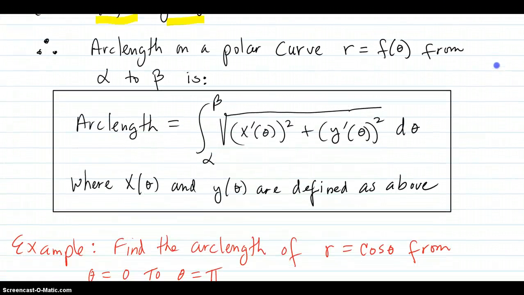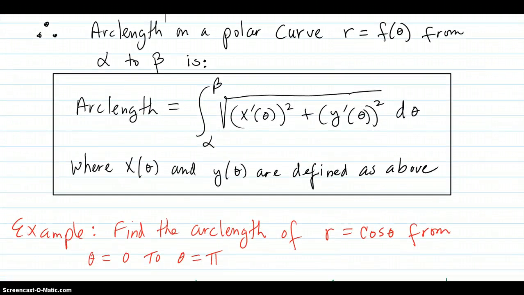So therefore, the arc length on a polar curve, defined this way, from alpha to beta, is this formula right here, and that is exactly the parameterized form for the arc length of a parameterized curve.